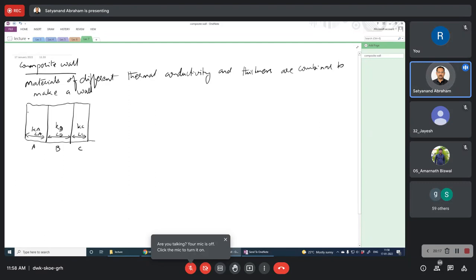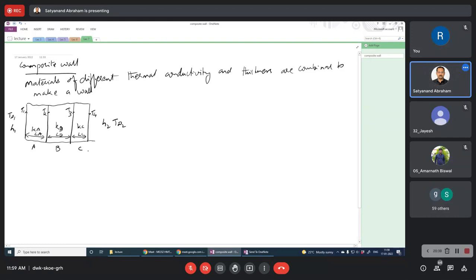Here we are writing the temperatures. Here we have a boundary condition H1 with a fluid temperature of T infinity 1. At the surfaces we have temperatures T1, T2, T3 and T4, and here we have H2 and T infinity 2.